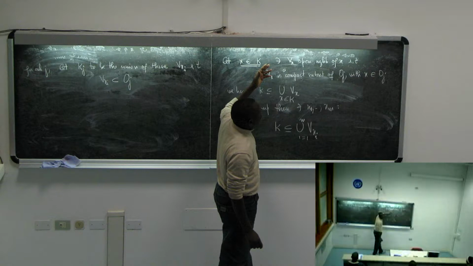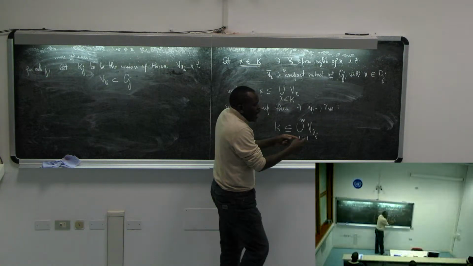And for this open cover I get a finite open subcover. So for each j, I may find some Vxi which are in Oj, if j is fixed. The union of all of these is my Kj. It means what?